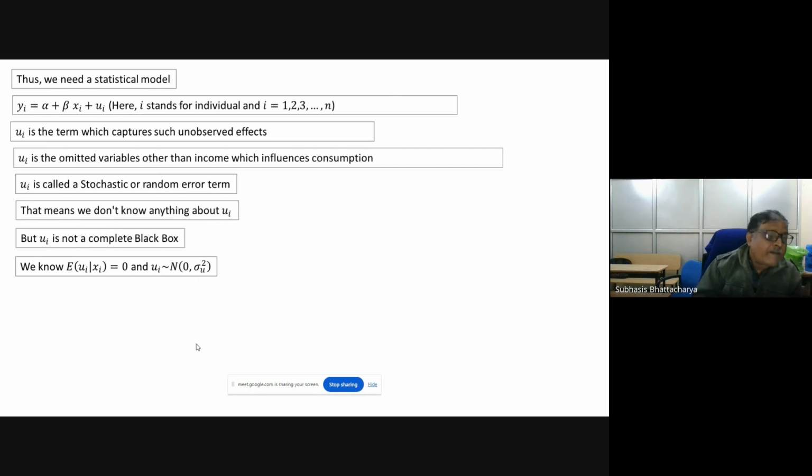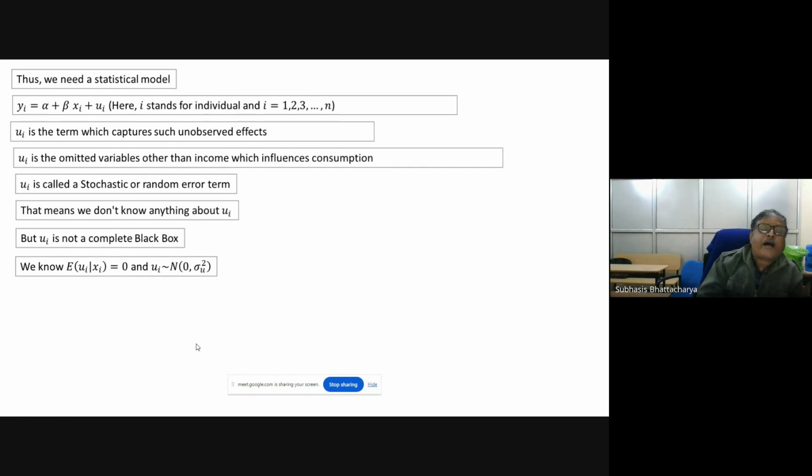That means some of the other influencing variables influence consumption positively, and some of them influence consumption by an equivalent negative amount, so the average becomes 0. And it is not just a statement, mind you, there is a mathematical proof, but I am not going into that mathematics. This average of UI is written as an expectation, because expected value is nothing but the average.